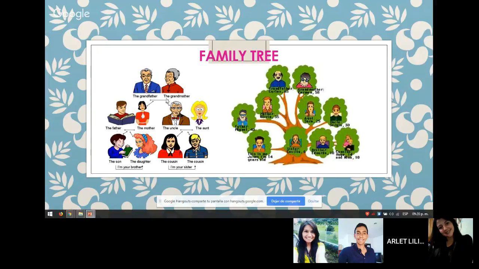In the left is izquierda, teacher. Yes, on the left. On the left image, we have the grandfather, grandmother, father, mother, uncle, aunt, the sons of father, mother, son and daughter, the son of uncle and aunt, which is called cousin.